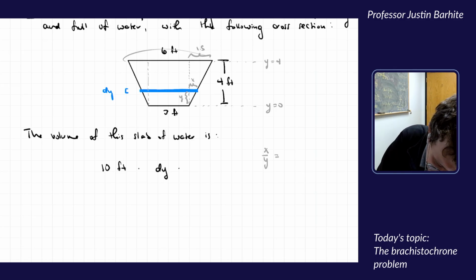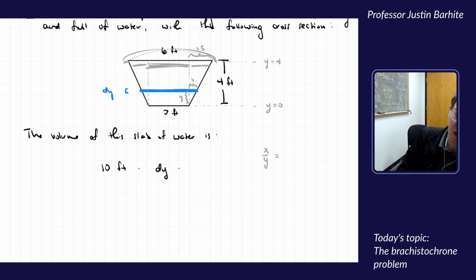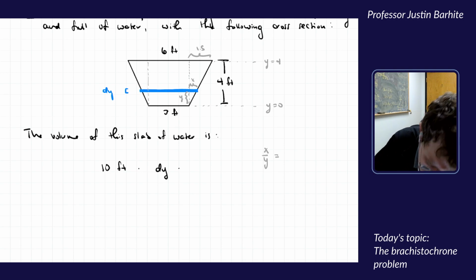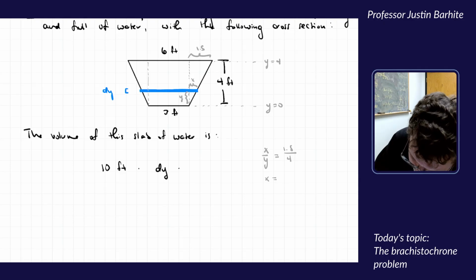Because the whole thing is 6, this is 3, so the left and the right portions together are also 3, so each one of them individually is 1.5. So x over y is 1.5 over 4, meaning that x is 1.5 over 4, which I guess you could call 3/8 of y.